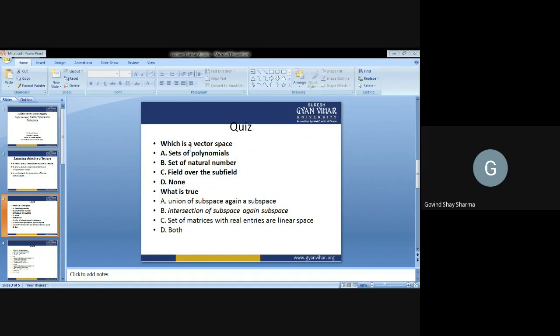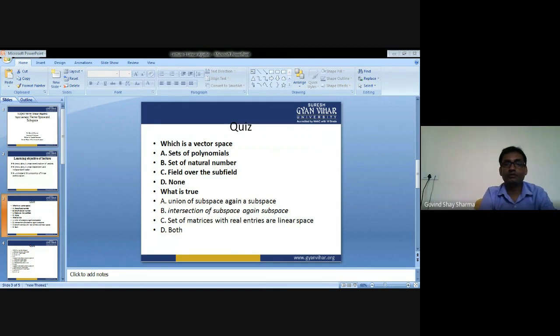The set of natural numbers is wrong because the set of natural numbers is not an abelian group. The third is a field over a subfield; a field over a subfield is also a vector space. So option A and option C are the right options, and B and D are wrong.